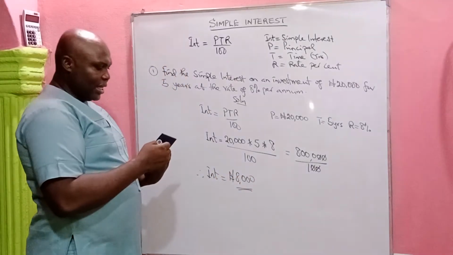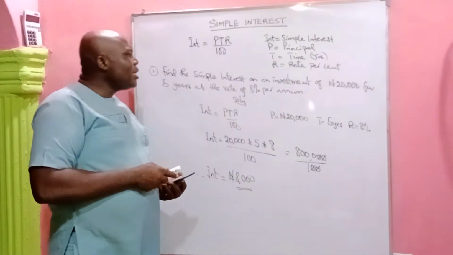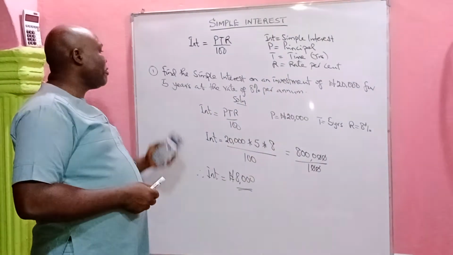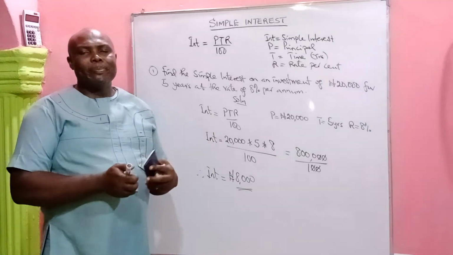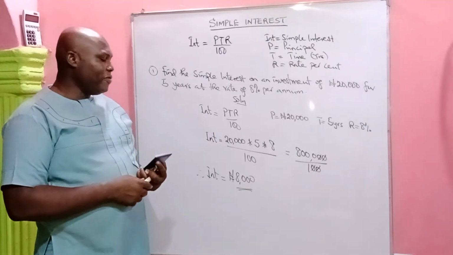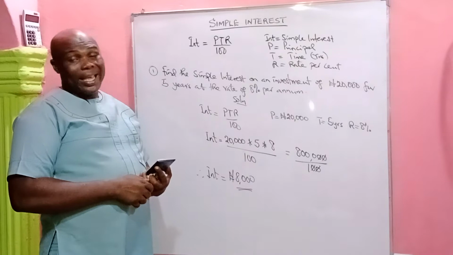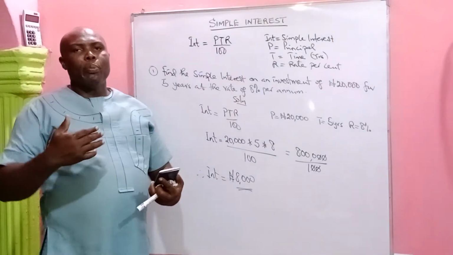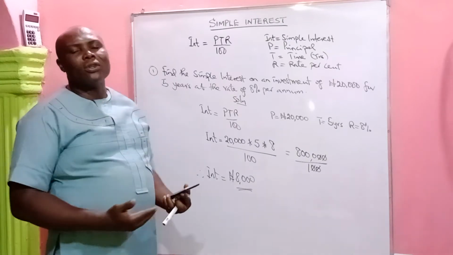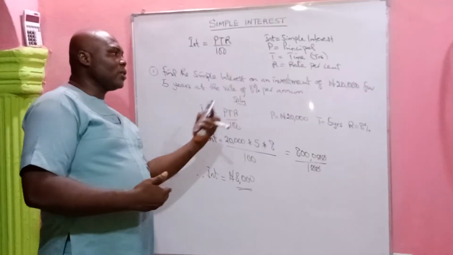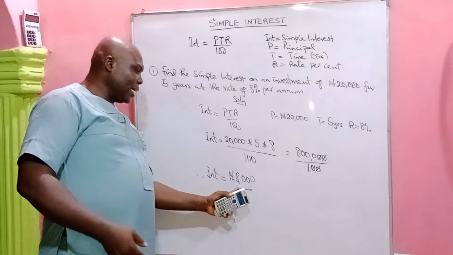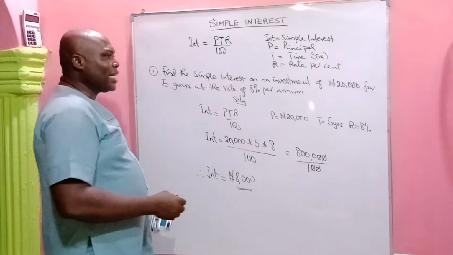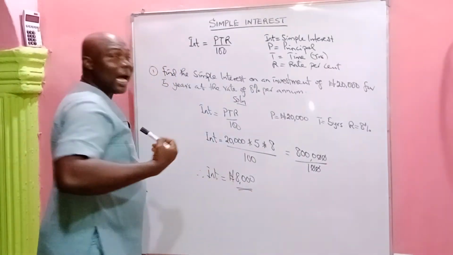Please take note of that. It therefore means that 20,000 naira invested for 5 years at 8% per annum will, at the end of that 5 years, give an interest of 8,000. And of course, if you have an interest of 8,000, it means your portfolio is now 28,000, meaning that your principal, the sum of money invested, plus the interest gives you the amount you are to get at the end of that 5 years, and that amount will be 28,000 naira.